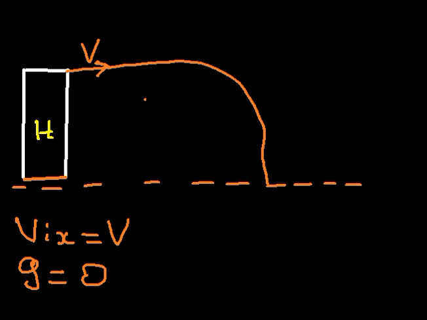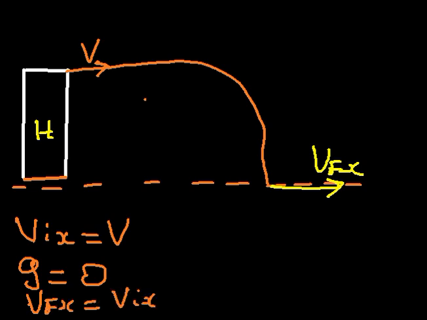Now, as the object is going to strike the ground, it will strike with two components of velocity. We'll have the final velocity along x, given as vfx. Since the acceleration along the x-axis is 0, the way we discussed in the ground back to ground case, vfx will be the same as vix, which is the launch velocity.